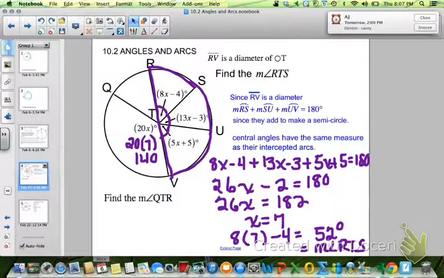Now notice, since this is a diameter, that this angle QTV plus this angle right here, QTR, have to add up to 180. So that means that QTR is going to equal 180 minus 140, which will give me 40 degrees.